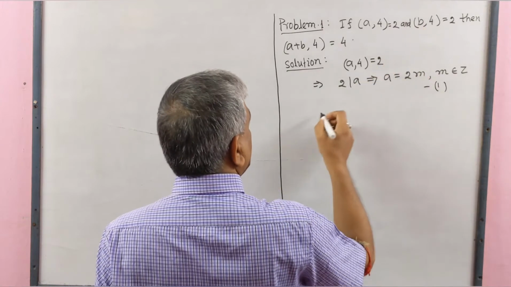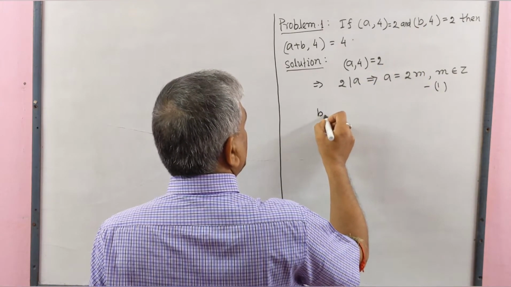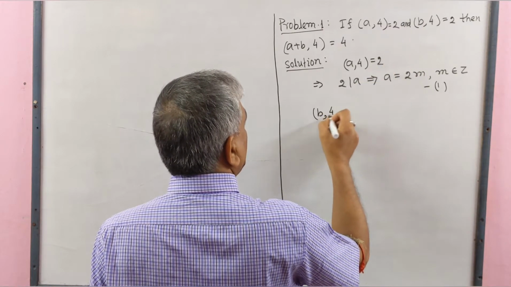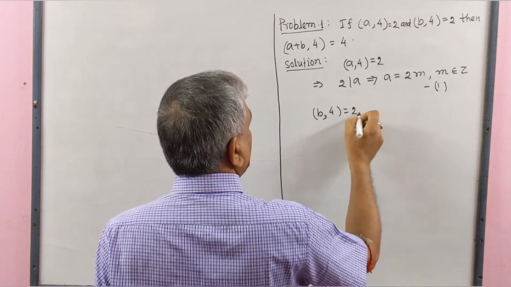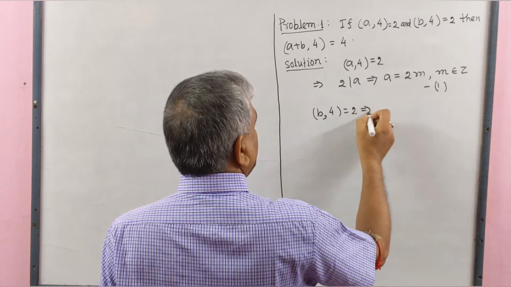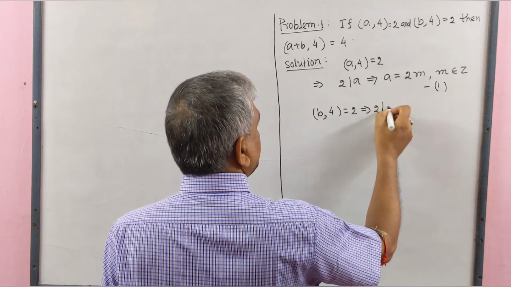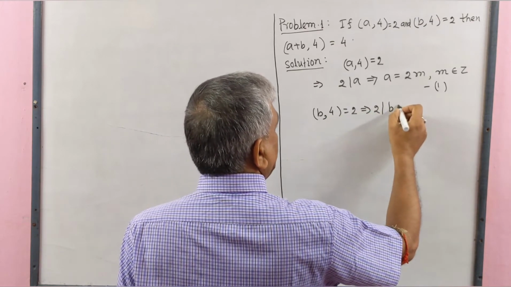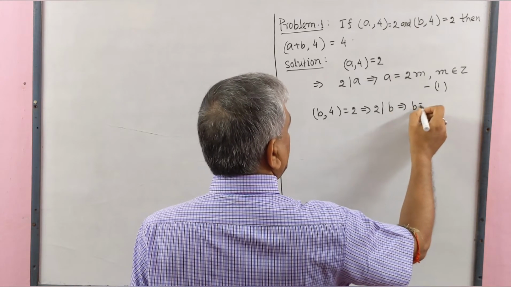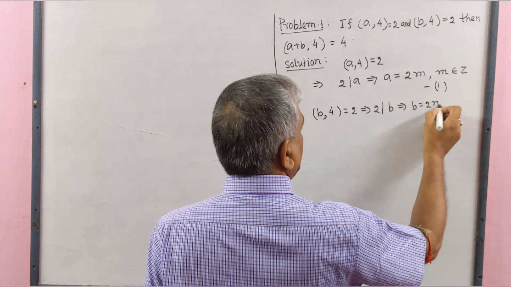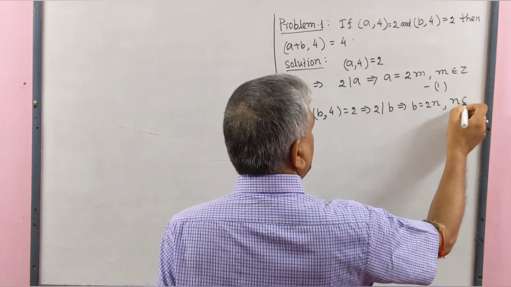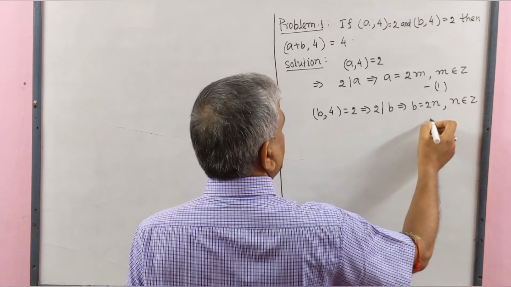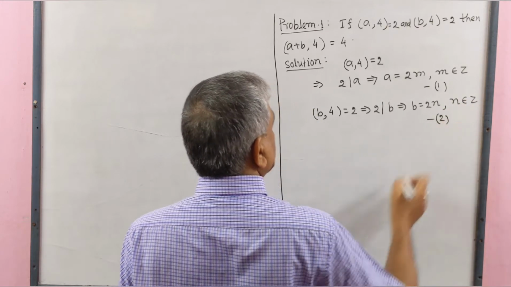Again, given that GCD of B and 4 is 2, implies that 2 divides B, implies that B equal to 2n, n is an integer. This is number 2.